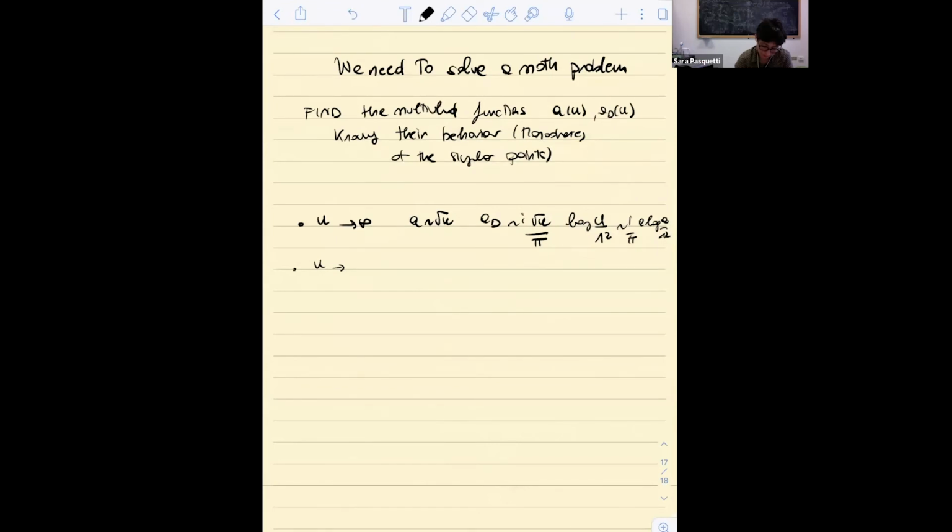When U goes to lambda squared, then A dual is the vanishing coordinate, and A goes like i over pi A dual log of A dual over lambda. And then there is the other singular point, where the vanishing coordinate is A minus A dual, and this goes like A minus A dual log of A minus A dual over lambda.